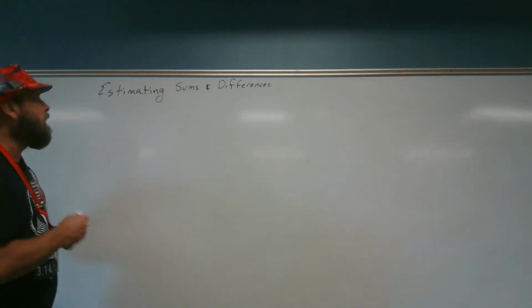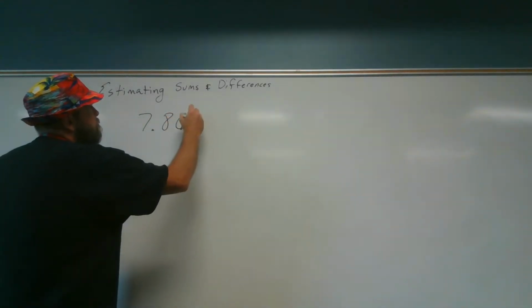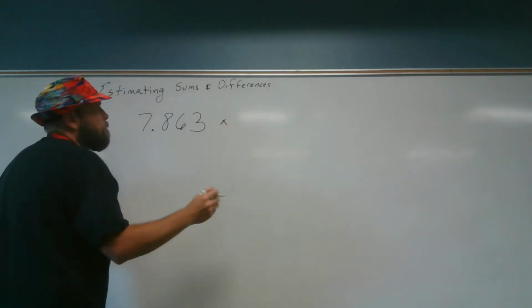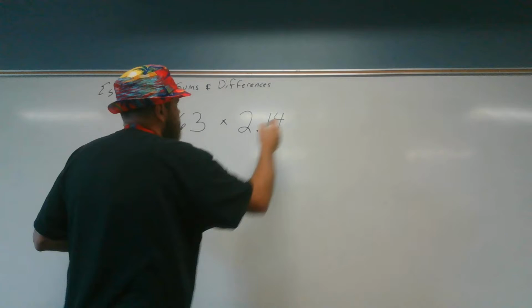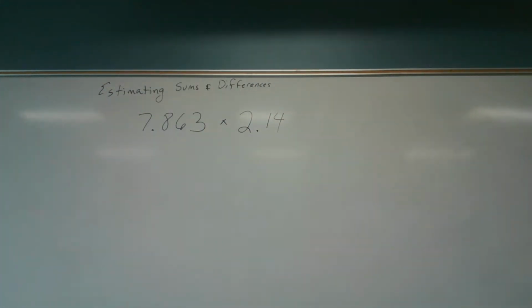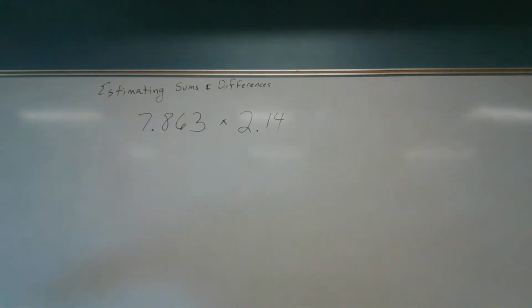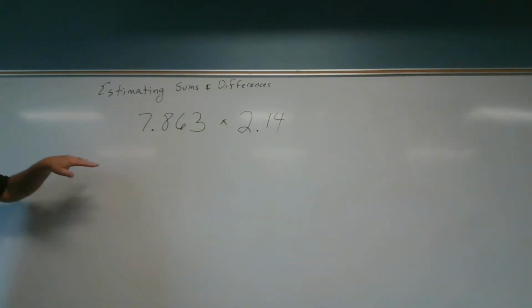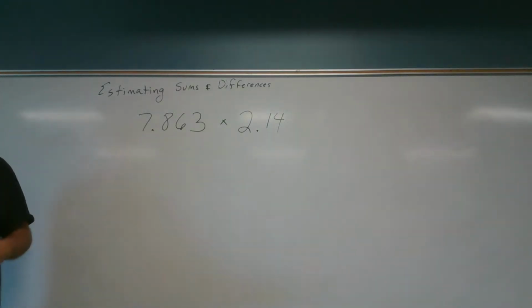So you have never multiplied decimals. Never. But I could ask you to estimate this, and you should be able to give me an estimate. Without knowing how to multiply decimals, I should be able to say, what's an estimate of this product?